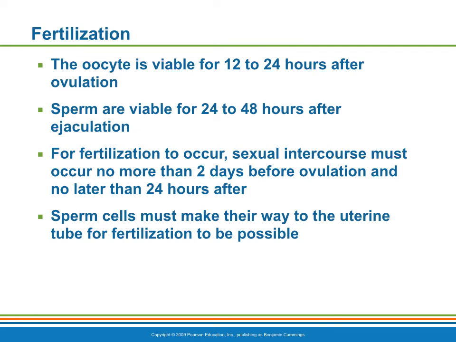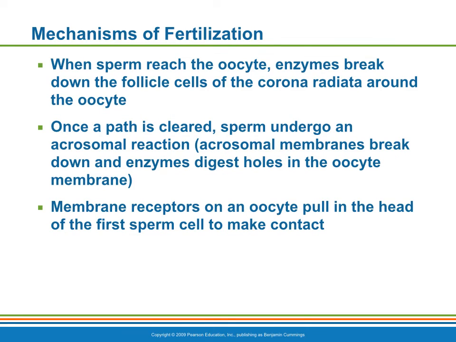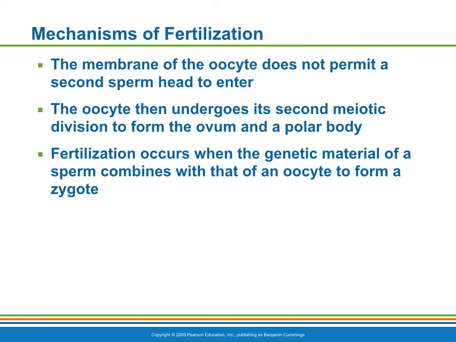Sperm cells must make their way to the uterine tube for fertilization to be possible. When the sperm reach the oocyte, enzymes break down the barrier and they get into the egg, and the membrane receptors in the oocyte pull in the head of the first sperm cell to make contact. The membrane of the oocyte does not permit a second sperm to enter.